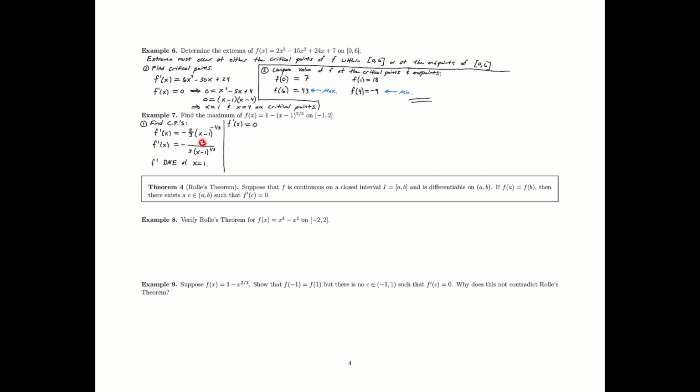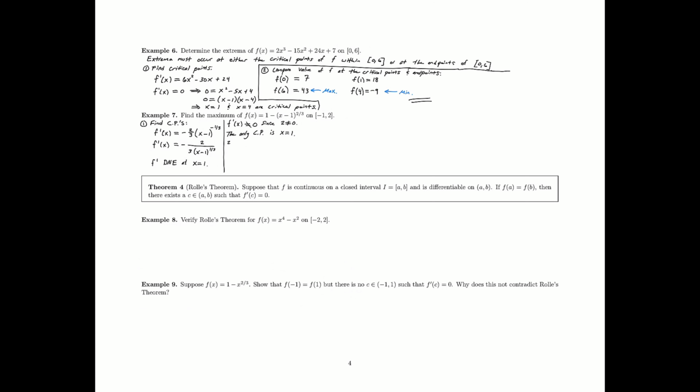But there's nothing we can plug in for x that would change this 2 into a 0. It's just 2. So I'm going to go ahead and say that f prime of x never equals 0, since 2 does not equal 0 ever. So there's only one critical point that we found, and it was where the first derivative does not exist. So the only critical point is x equals 1.